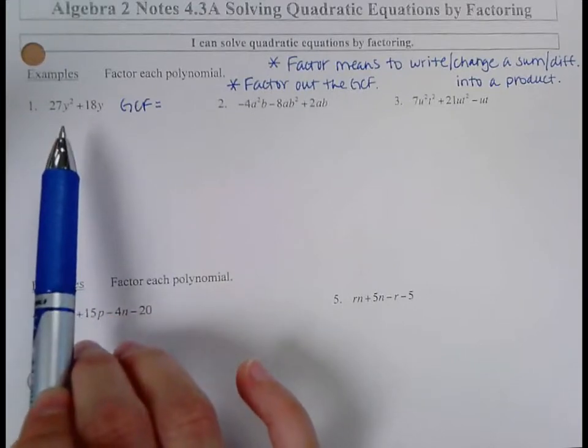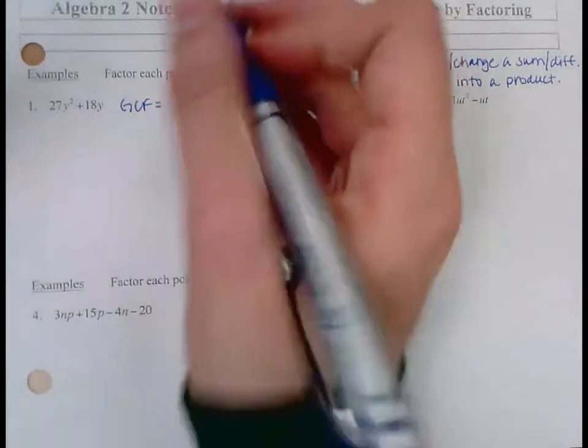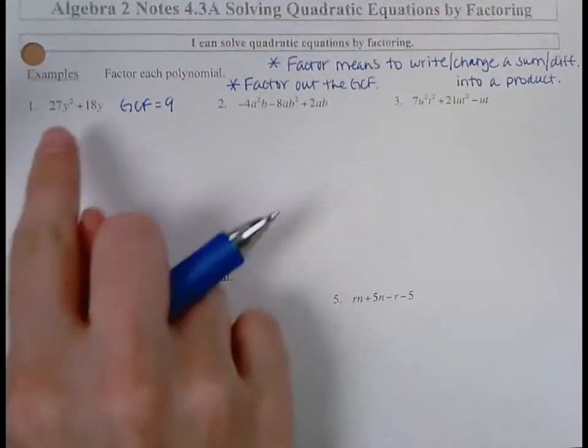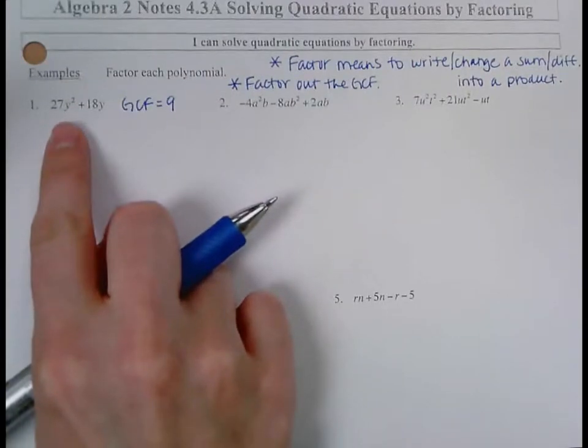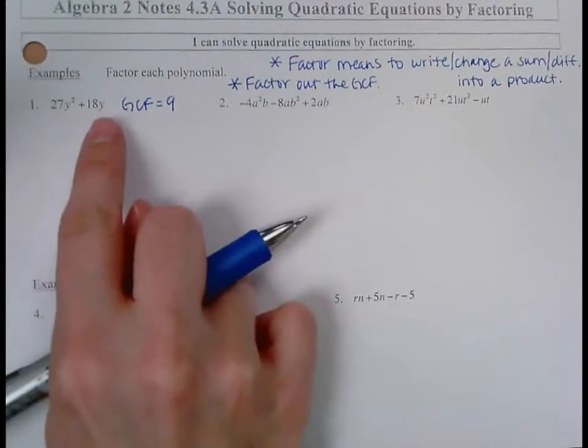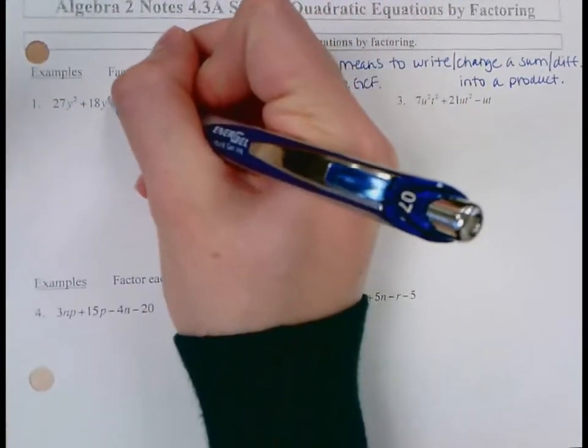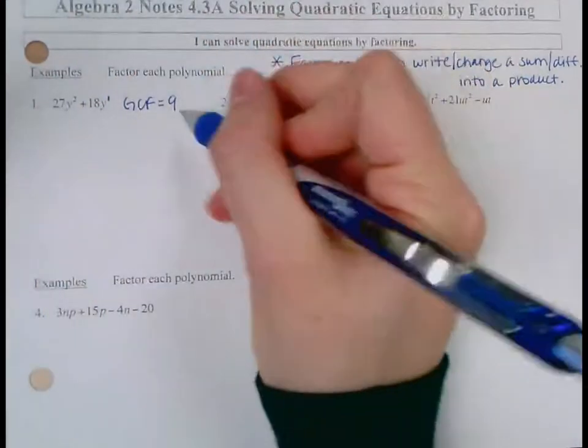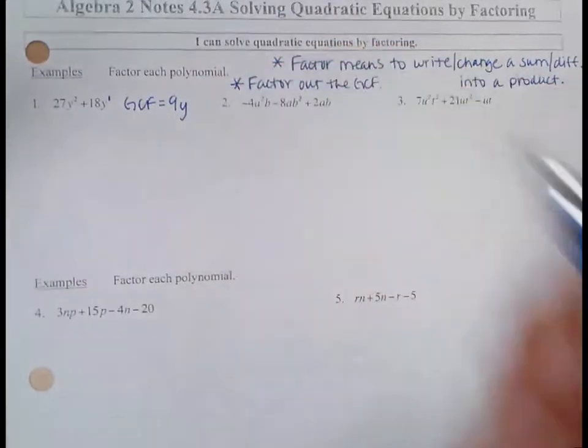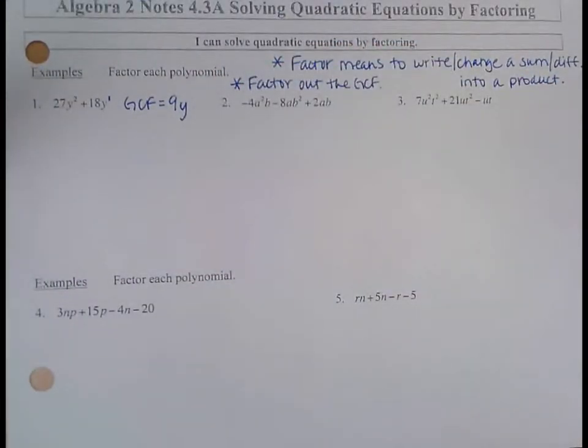The greatest number that goes into 27 and 18 would be 9. And then you look at your variables. We have y squared and then y, which is to the first power. They both share a y, just to the first power though. One of them has y squared, one of them has y, so it's the variable to the smallest power that you see that would be part of the GCF.